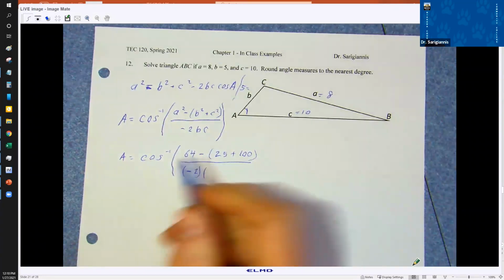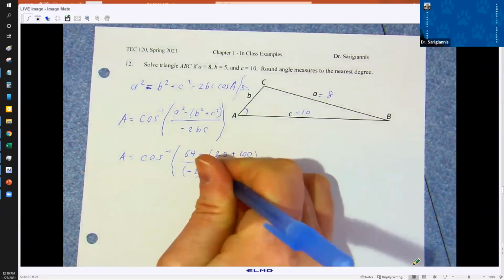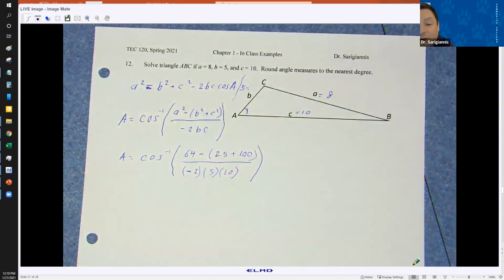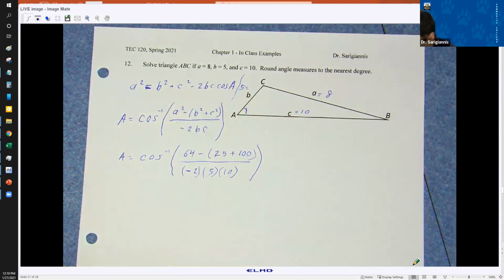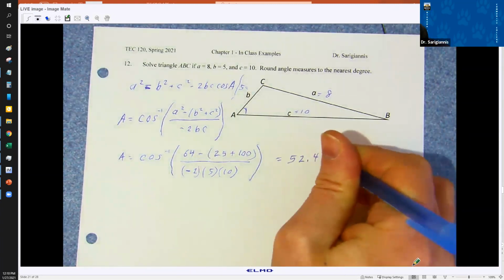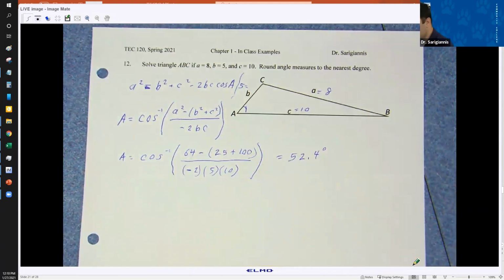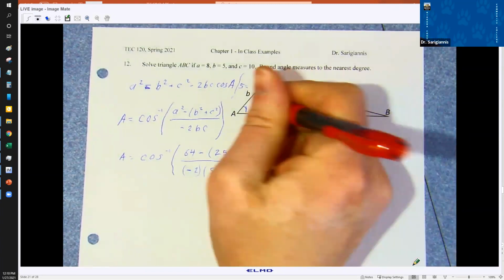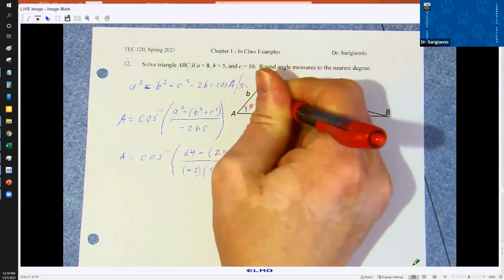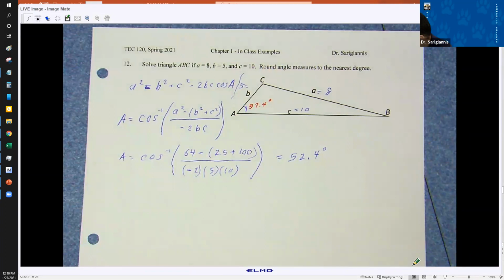So that's going to be 5 and 10. And if I take the inverse cosine of this, I'm going to get 52.4 degrees. So that's what this angle is. That's what A is.